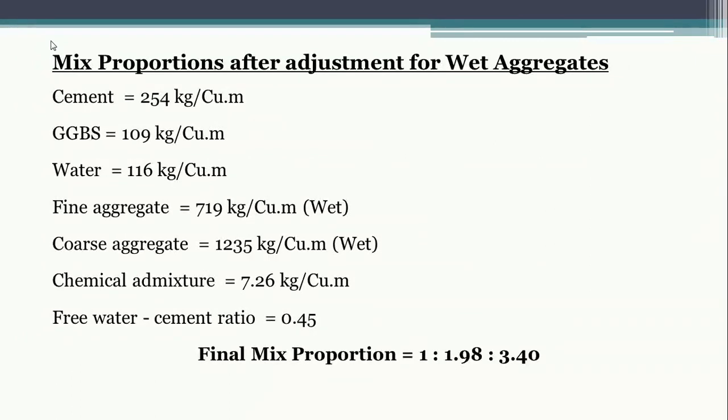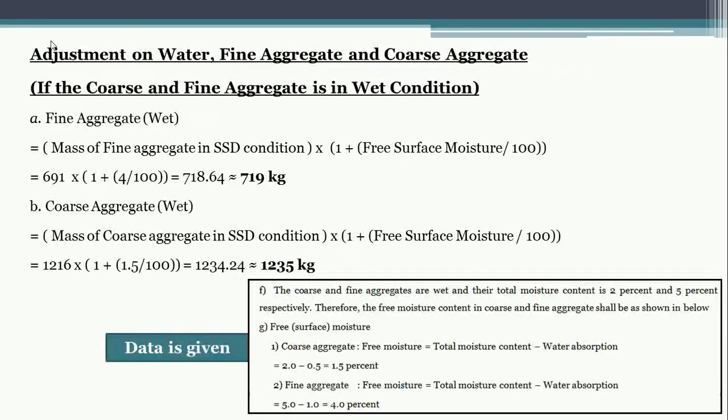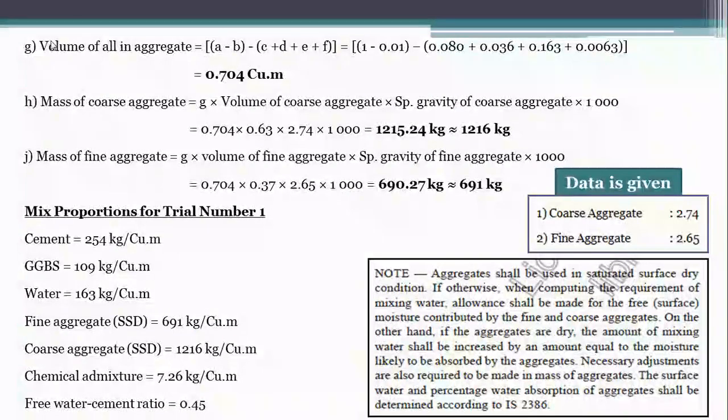Now after adjustment for wet aggregates, the mix proportions are, for cement 254 and for GGBS 109 kg per meter cube in both cases. Next, water: instead of 163, it has now become 116 after deducting the water content present in the aggregates. Fine aggregate: earlier it was 691 in SSD condition.